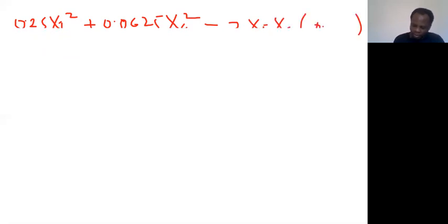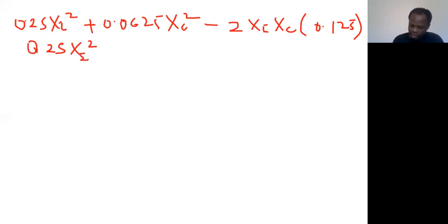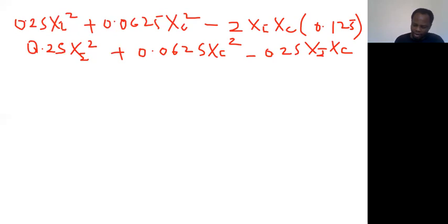Great. So if I simplify it, I'm going to have 0.25 xi squared plus 0.0625 xc squared minus 0.25 xi xc. Okay, so this is going to be the variance, right?